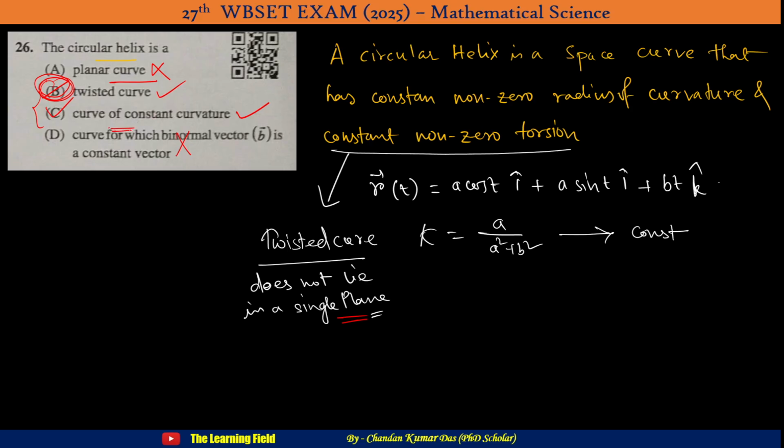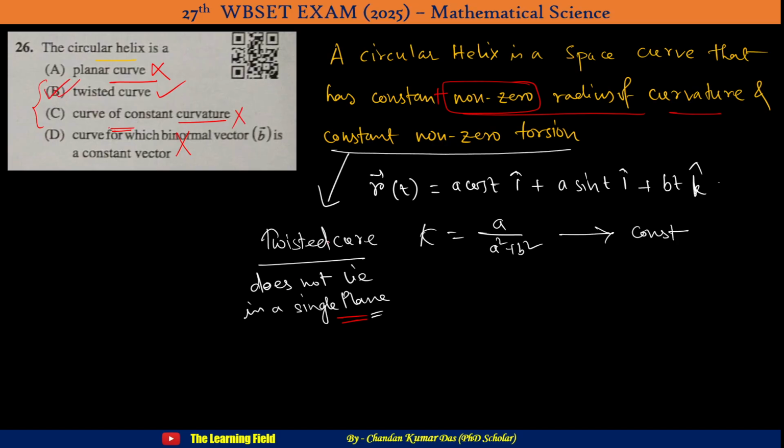But in this case, both B and C are the answer, because in the definition it says non-zero radius of constant curvature. Okay, constant curvature. But yeah, you can discard option C by only saying that this non-zero term is not given in option C. Therefore, we can discard this thing. So option B is the answer.